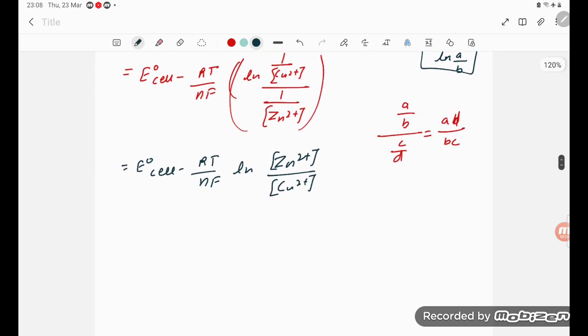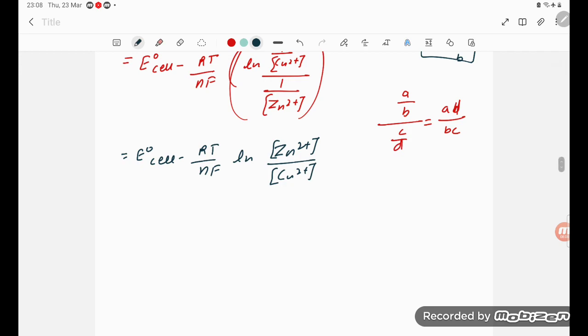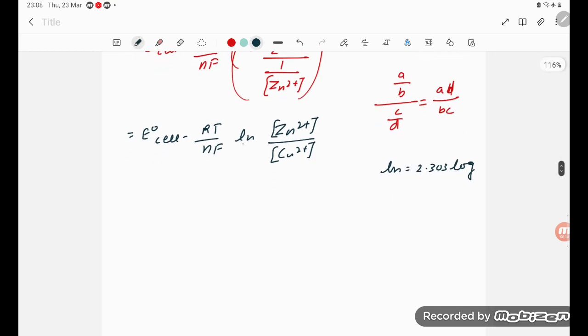Now the next thing, student: ln is equal to 2.303 log. So this factor we are going to change. Here E cell is equal to E naught cell as it is, minus R value 8.314 multiplied by T equal to 298, and 2.303, and now it becomes log, divided by n.